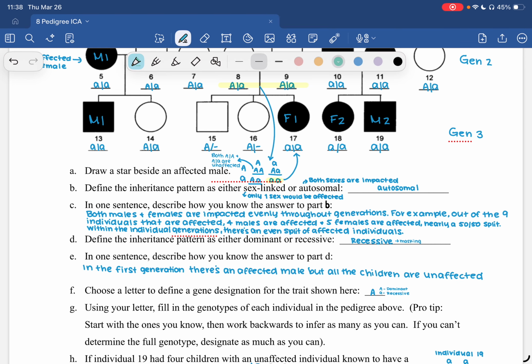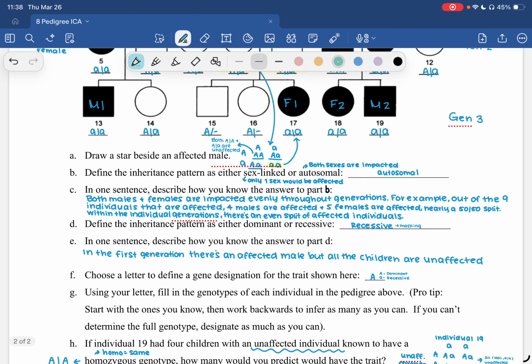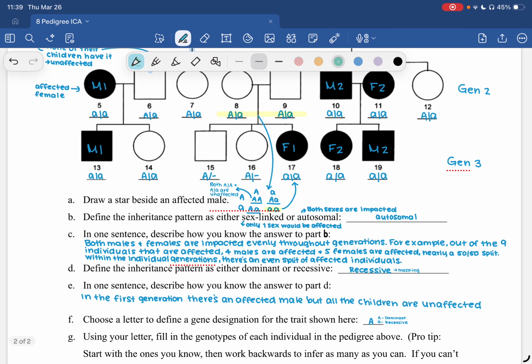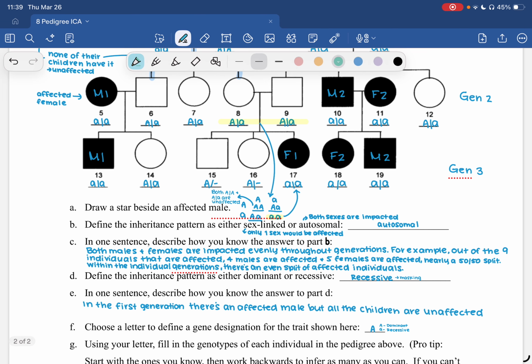I know that's more than one sentence, but for explanation purposes, I did write a little bit more. Again, you can use specific examples. You can just kind of vaguely say first generation. I like to typically use specific generation and specific people numbers so they know exactly who you're referencing when they're looking and grading the exams.